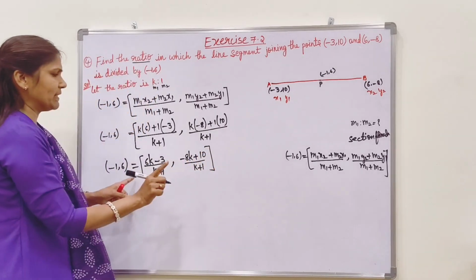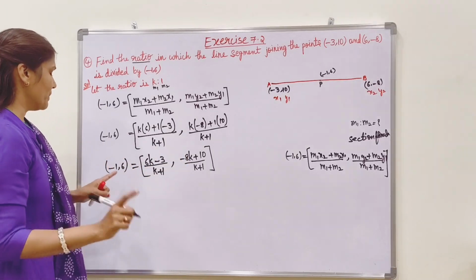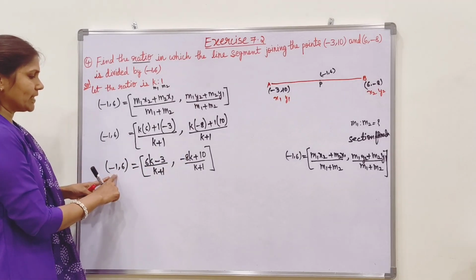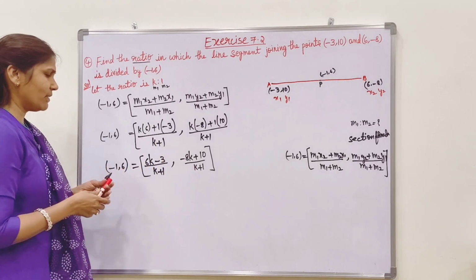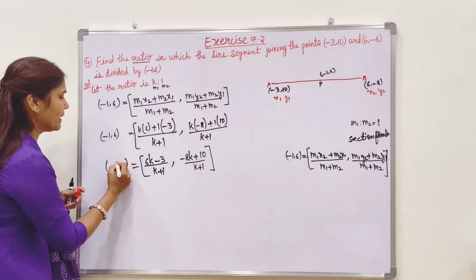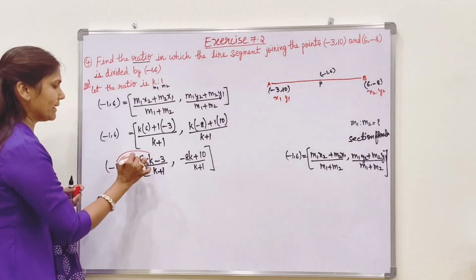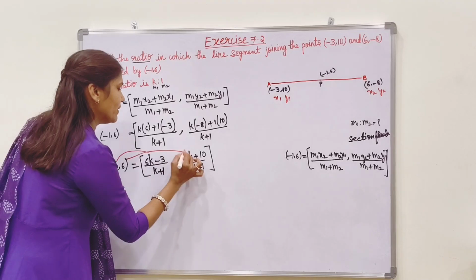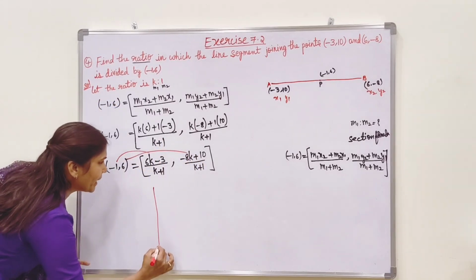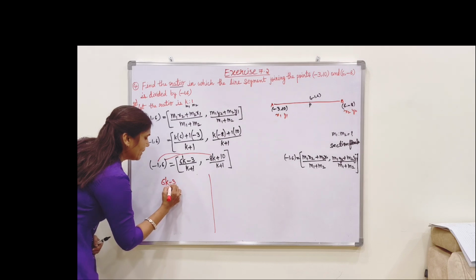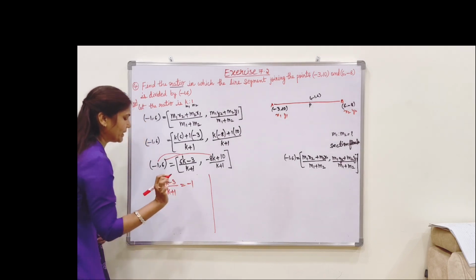We can't simplify further. Now, -1 equals this x-expression and 6 equals this y-expression. So now I am taking (6K minus 3) by (K plus 1) equal to -1.